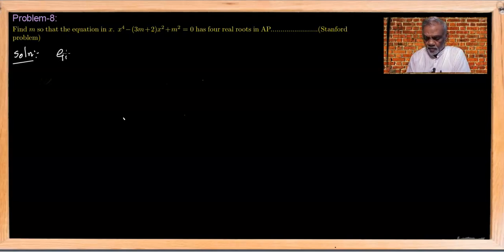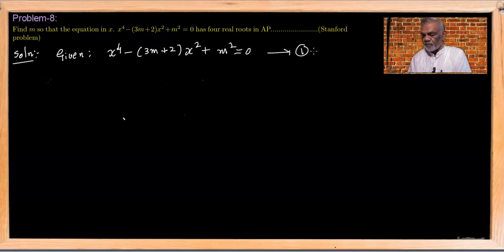Given equation x raised to 4 minus (3m plus 2) into x square plus m square is equal to 0, and call this equation number 1.